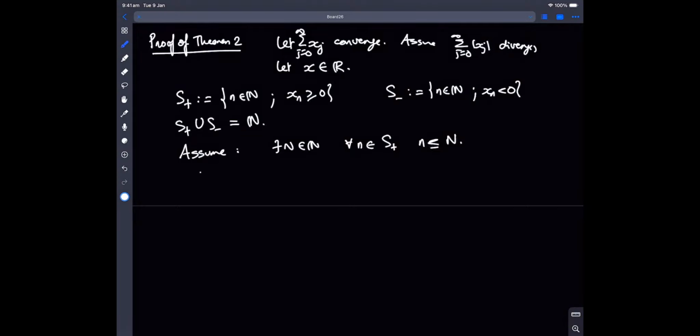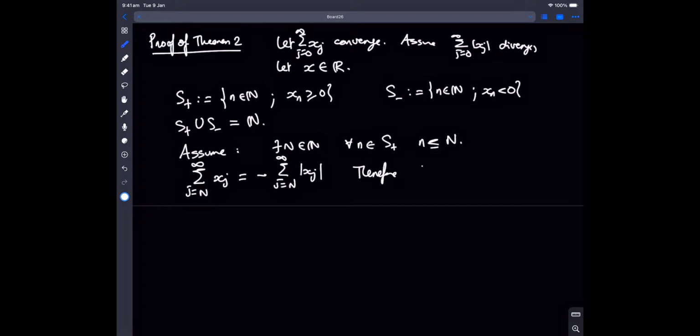But that would mean that the sum of the x_j's, when j is greater than N, which we know exists because the sum of the x_j converges, would be equal to minus the sum j equal capital N to infinity of the absolute values of x_j, because all the x_j's are negative. But then that would imply, because this sum on the left converges, so this tends to 0 as capital N tends to infinity, that this also tends to 0 as capital N tends to infinity.